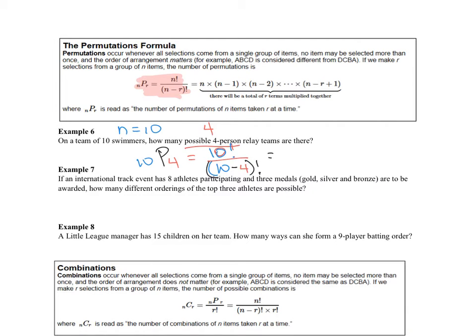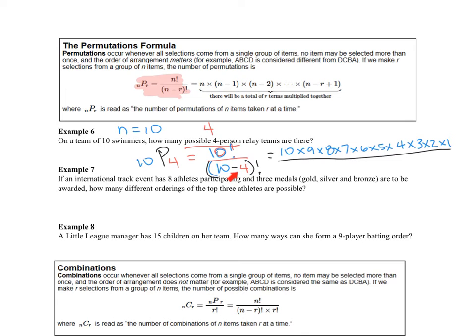And so what that really means is you start off with the number of ways you can move things around, or the number of items you have available to you. So that would be 10, 9, 8, 7, 6, 5, 4, 3, 2, and 1. And from those 10 things, you're going to look at only 4 of them.